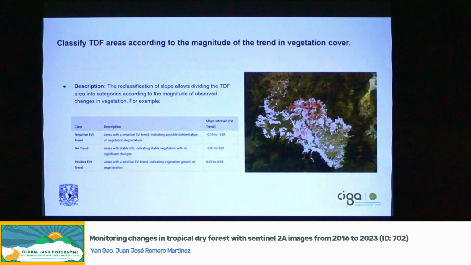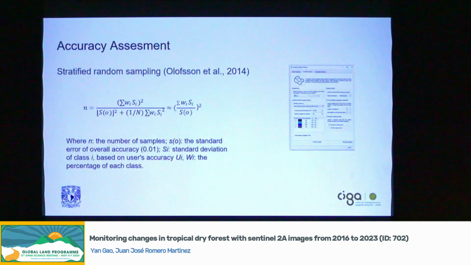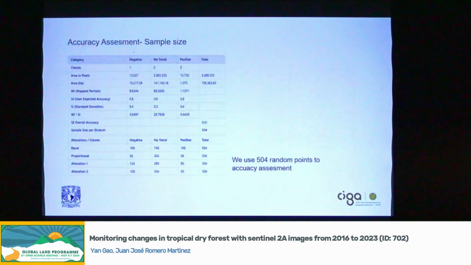For the accuracy assessment, mainly for those three categories, we use stratified random sampling to allocate a certain number of random points.